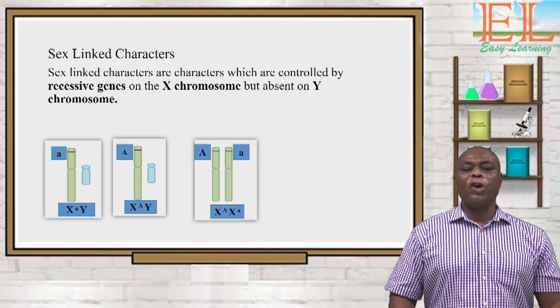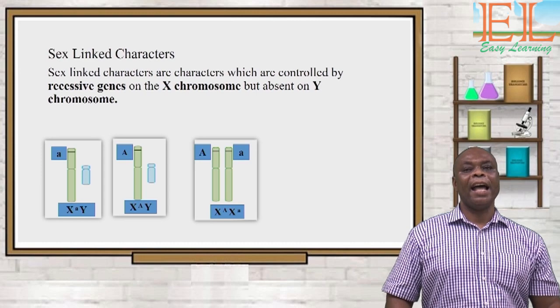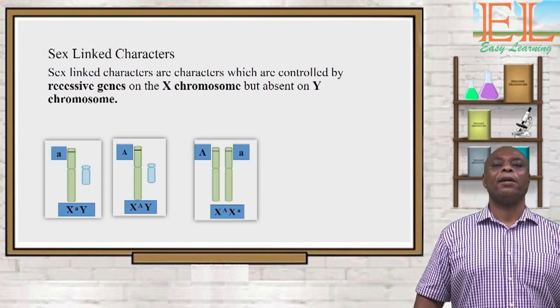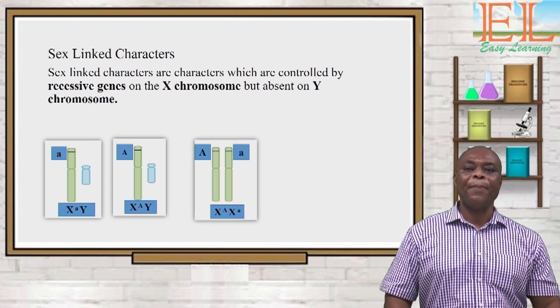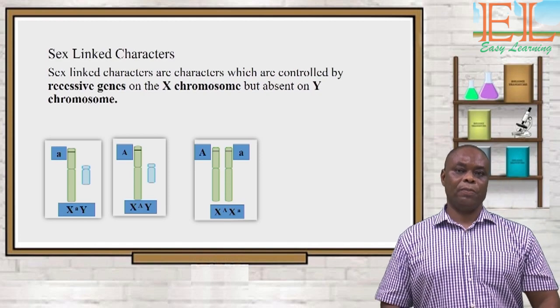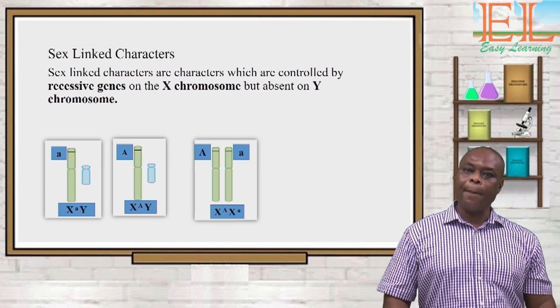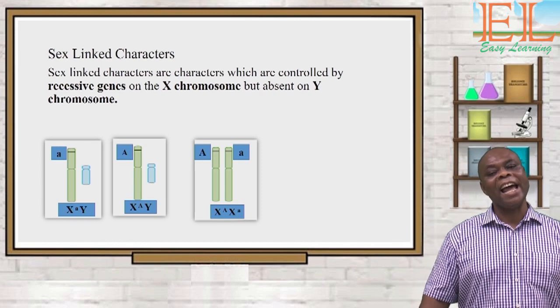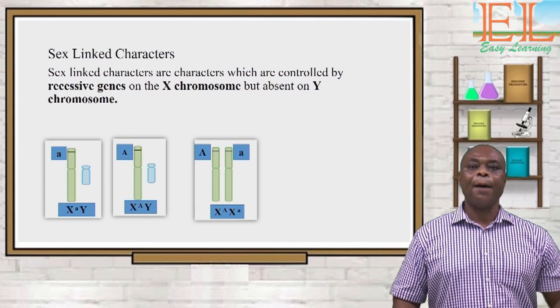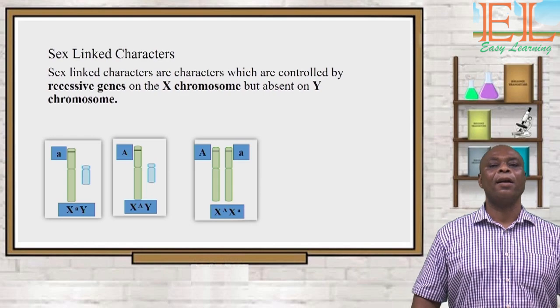In the scenario on your screen, we have one of the X having capital letter and one having small letter. This shows that the person has both the dominant gene and the recessive gene. But because the dominant gene is there, that person will not show the character, and hence we say that person has the trait for sex-linked character.